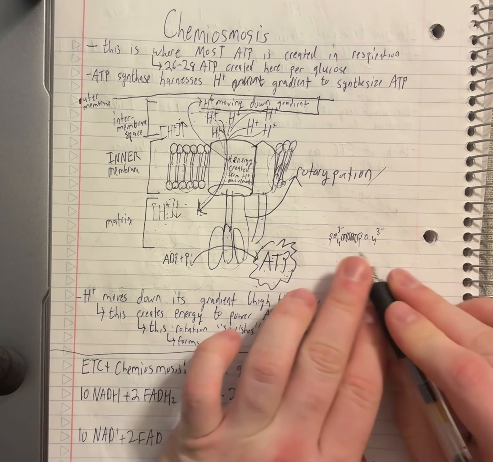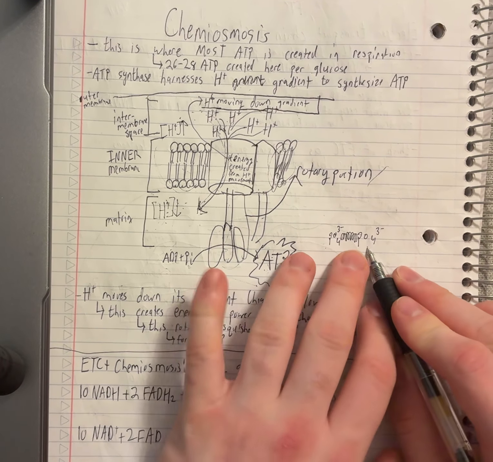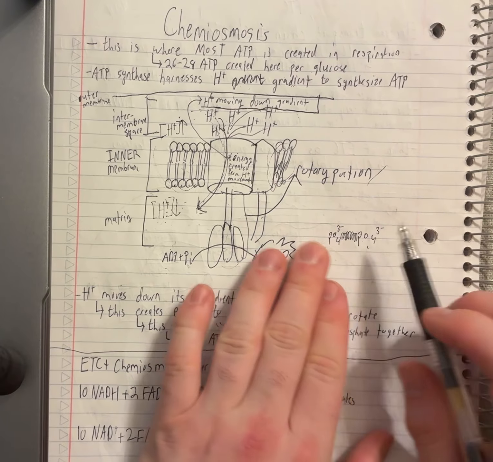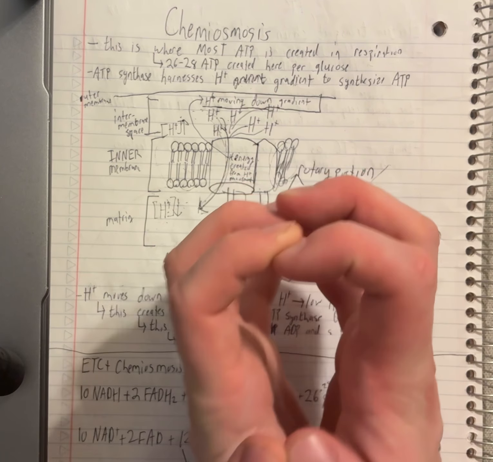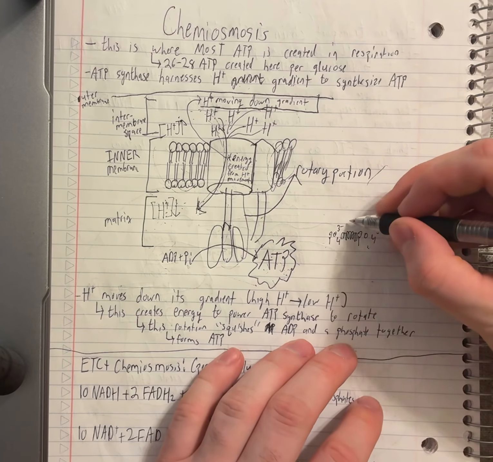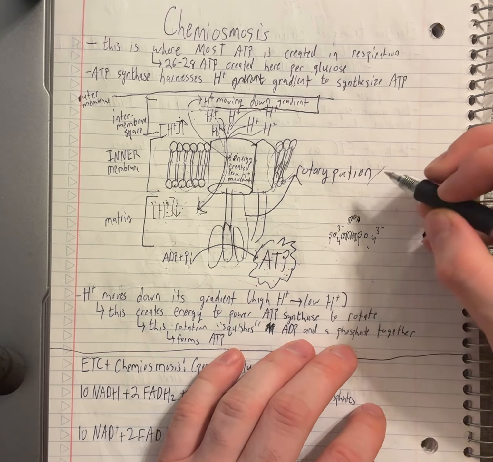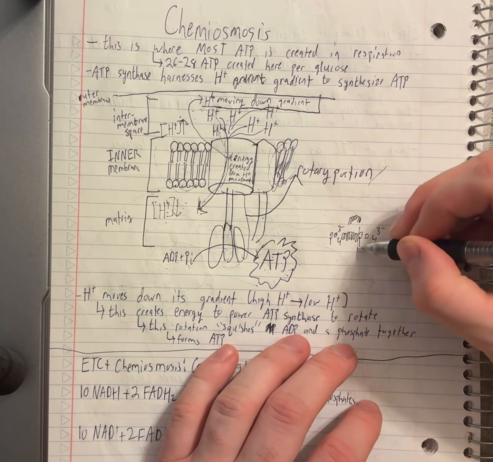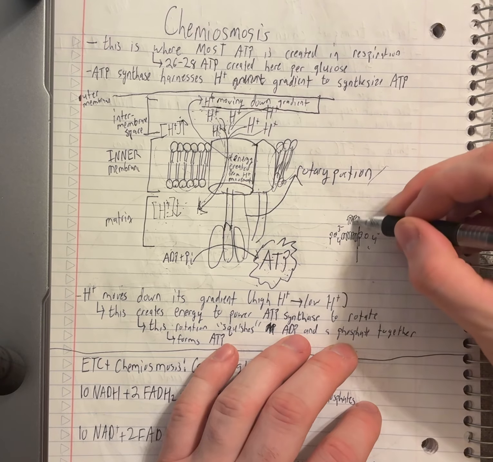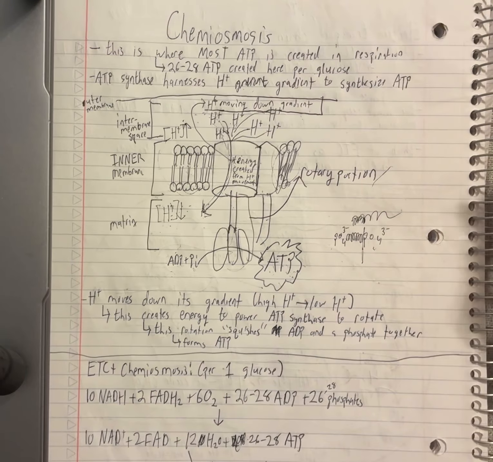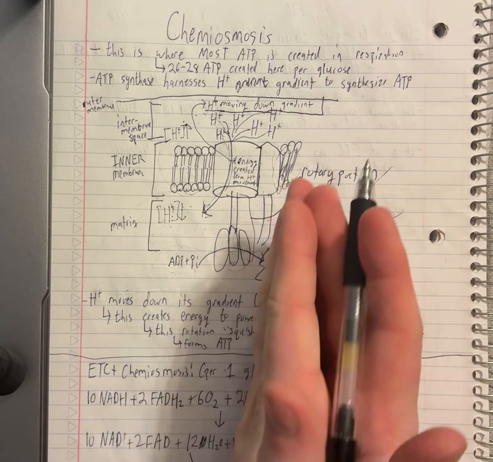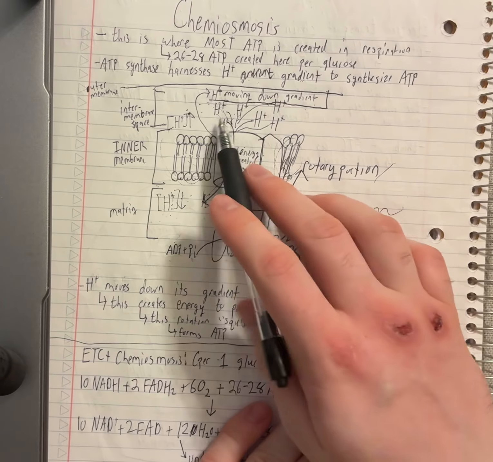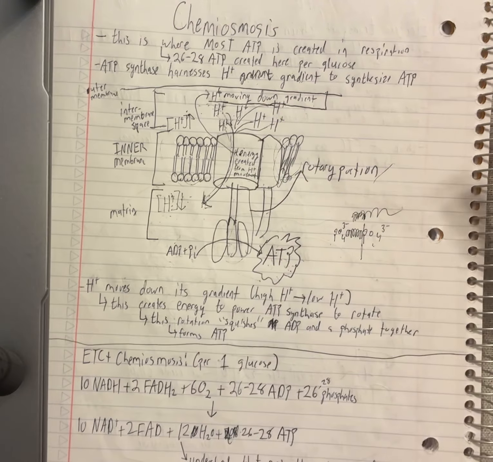So this is the second phosphate, and then this is that third phosphate that we're adding to ADP. And you sort of have to compress them together so that they'll hold, but then we have a very tightly wound spring. So obviously when we release that last phosphate, that spring is going to really be able to generate a lot of energy. But first we have to compress it. And that compressing requires energy, and that energy comes from the proton gradient.